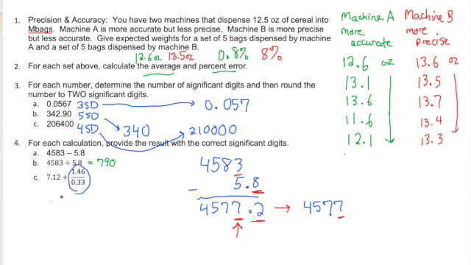For this one, let's go ahead and do the division first. So we have 1.46 divided by 0.33. When you have multiplication and division and addition and subtraction in the problem, it helps to take it step by step. So 1.46 divided by 0.33, my calculator tells me, is 4.42424.